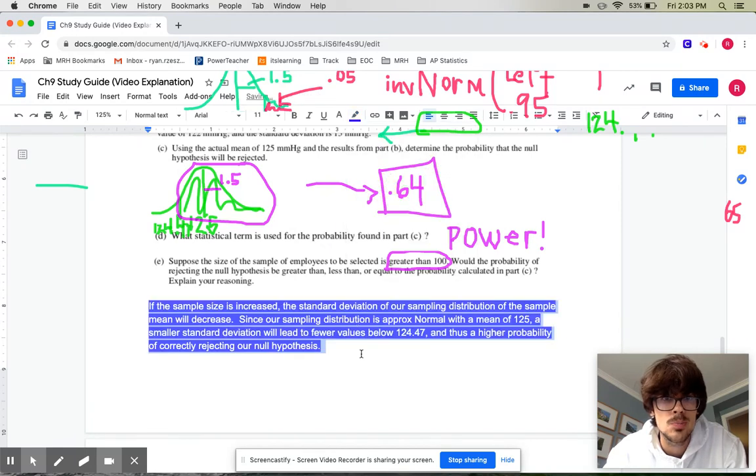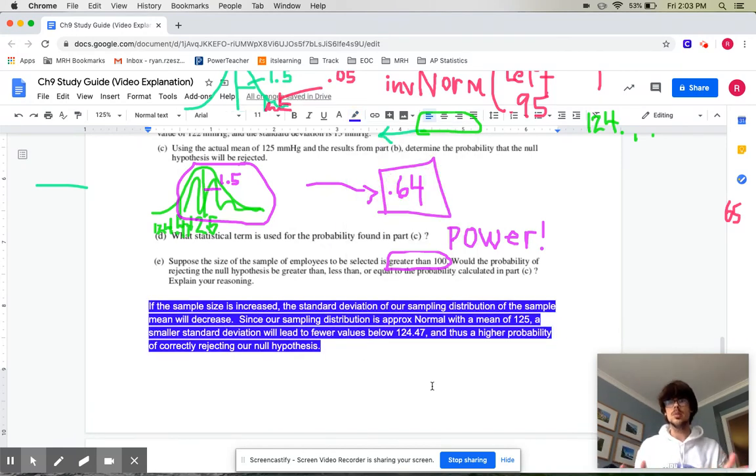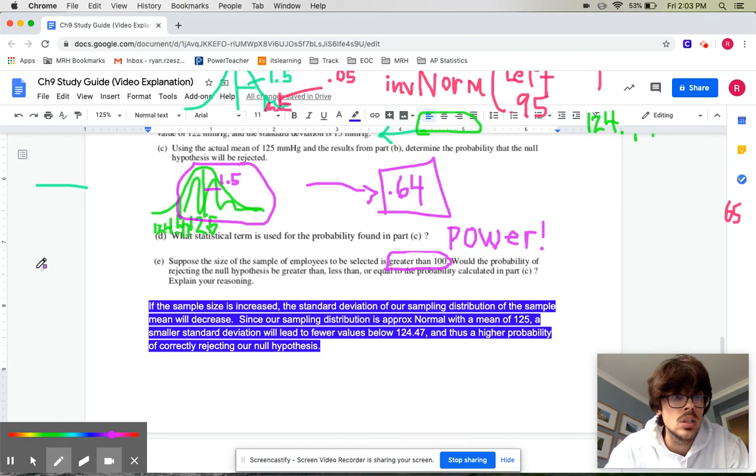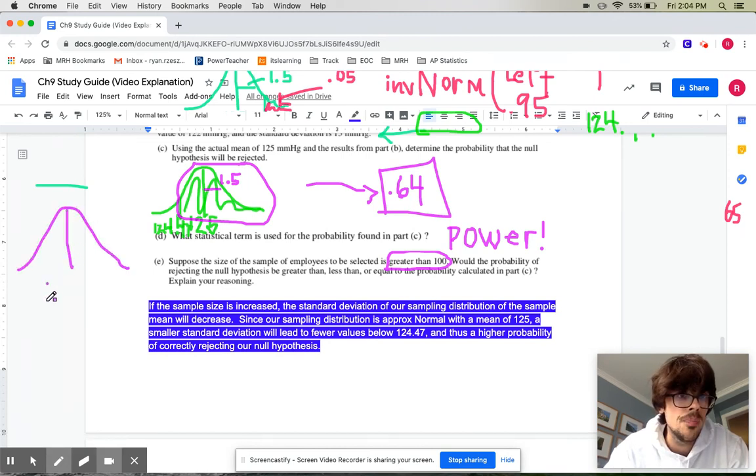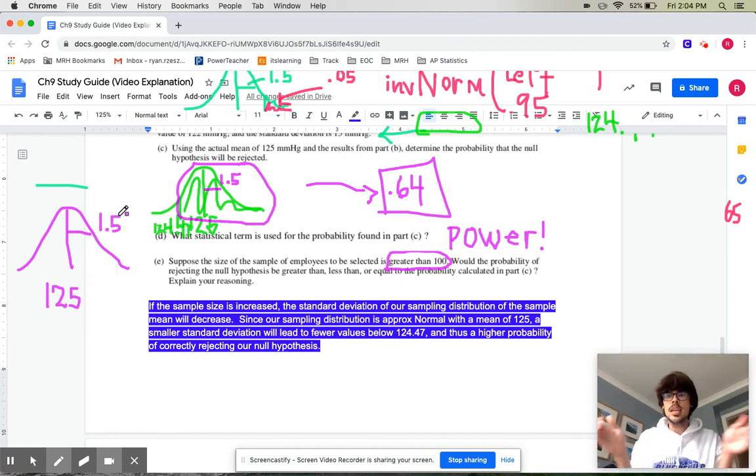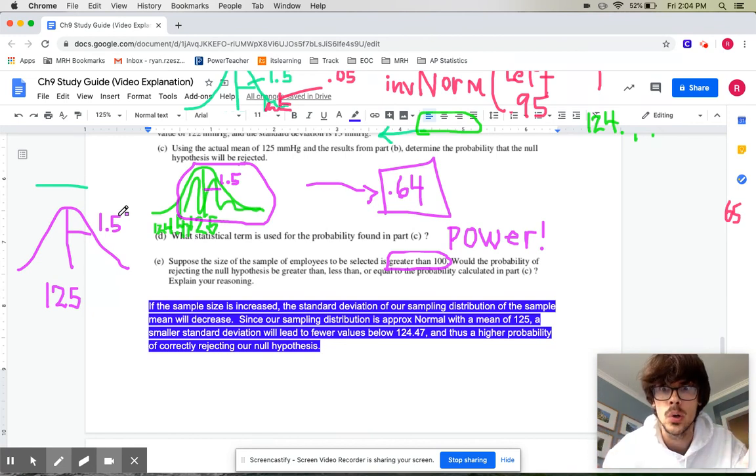So what I said for this problem right here, if we increase our sample size, so the company is actually a 125. That's their reality, okay? If the company is actually a 125, our standard deviation used to be a 1.5. But if you increase your sample size, the standard deviation is going to go down because you're dividing by the square root of n, and n is a bigger number now.